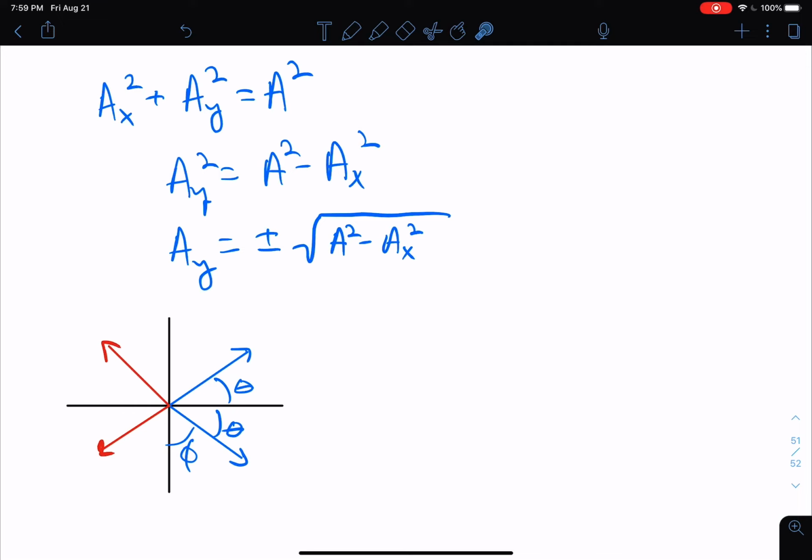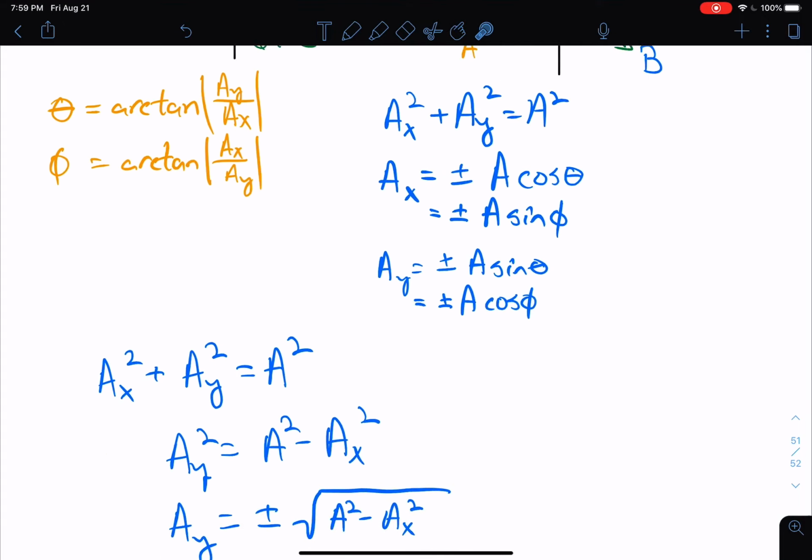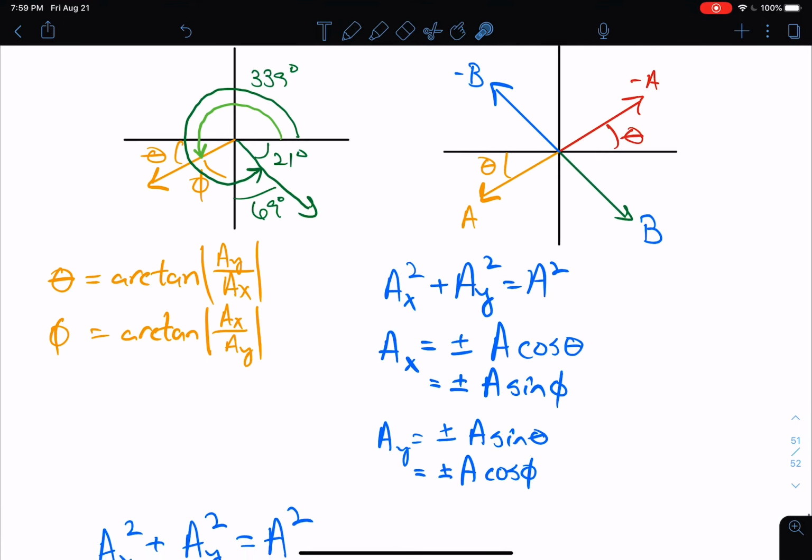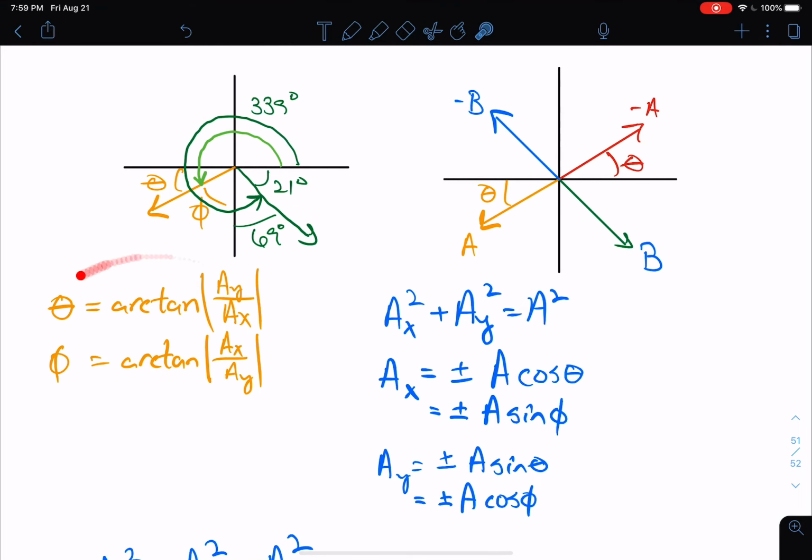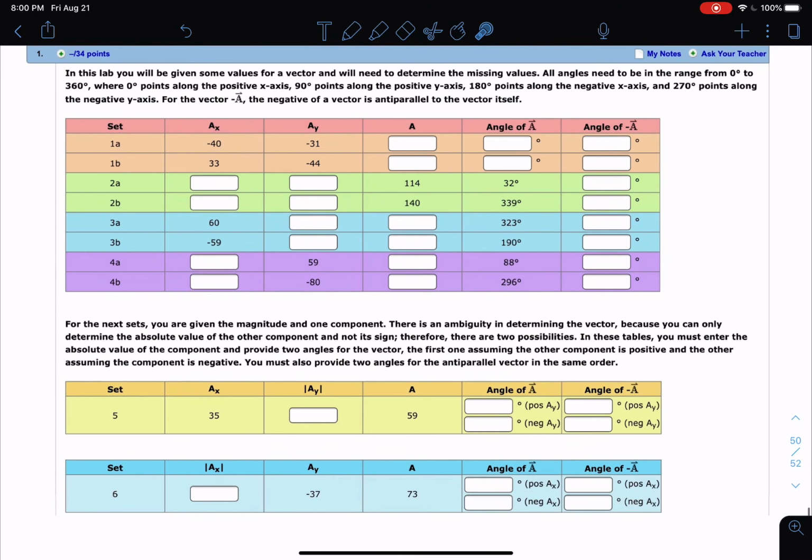This is a good approach. Draw it, work it out. Again, the formulas that you need, it's just the Pythagorean theorem, and you need these arctangent ones and these relationships for the components. That's what you need. Draw the vectors, use these, and that's all you need to go through and find all these answers. Hope this helps.